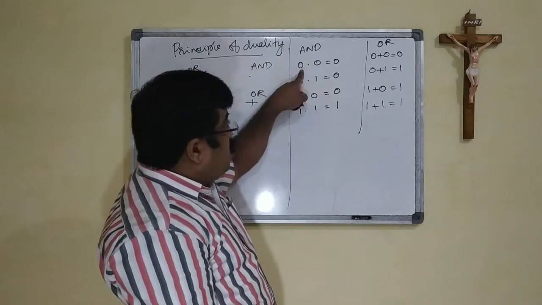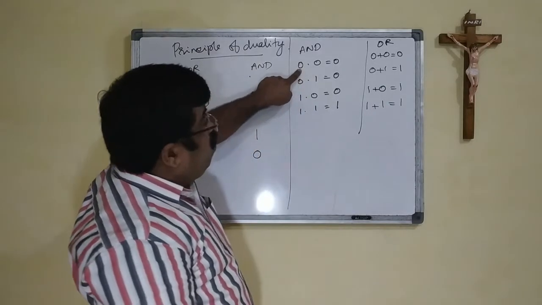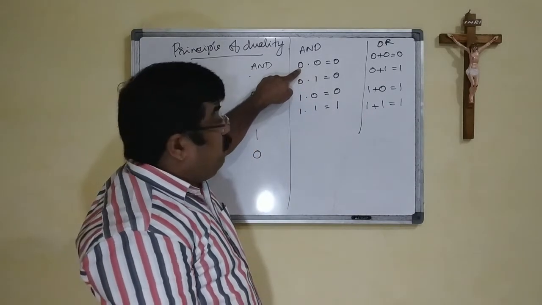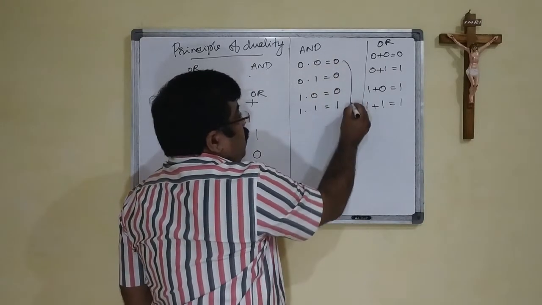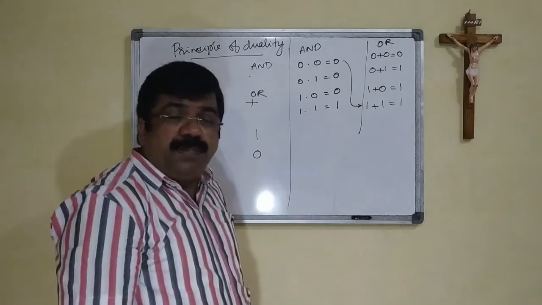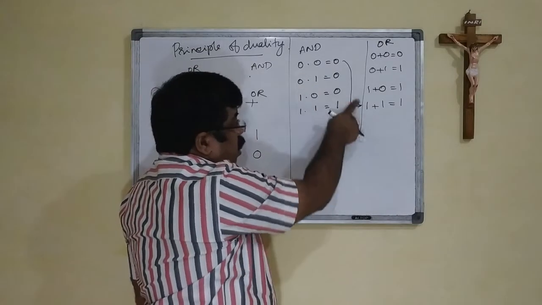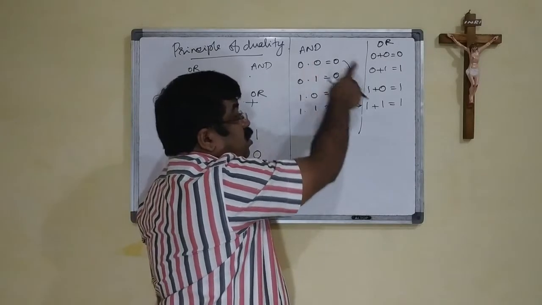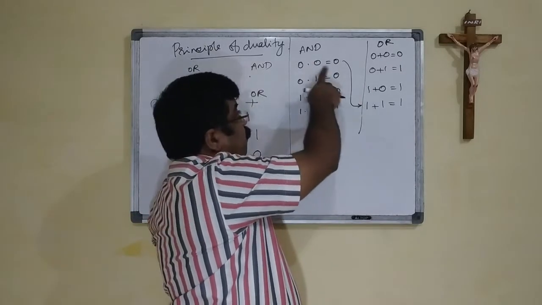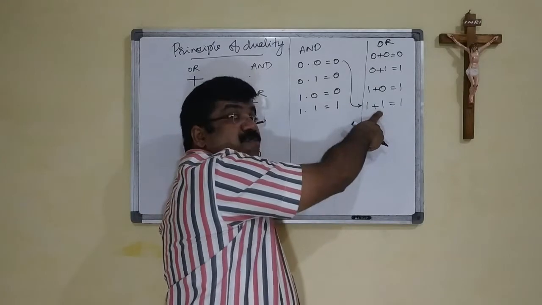Okay, so here we can see every zeros are to be replaced by ones. See here, we have one expression. 0 is replaced by 1, the AND is replaced by OR, 0 is replaced again by 1.